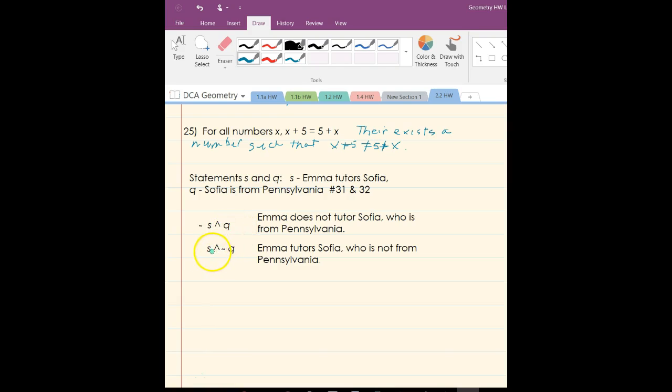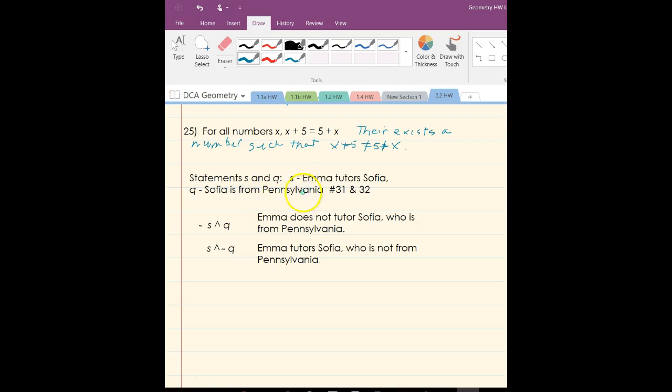This is also a conjunction, S and not Q. So we take our statement S, Emma does not tutor Sophia, because we need to negate it, who is from Pennsylvania.